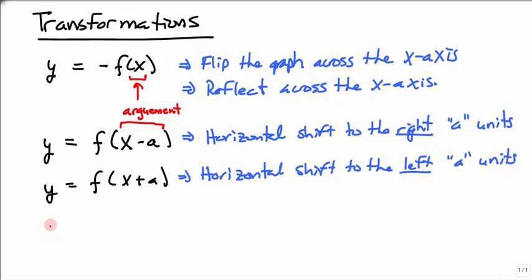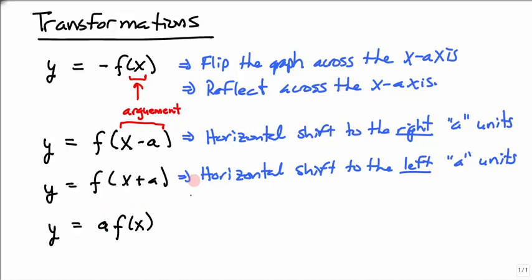Okay, we go back to our parent graph, and let's go ahead and look to see what happens if we have, let's say, an a out front. So if you notice, it's not inside the argument, it's on the outside of the argument.